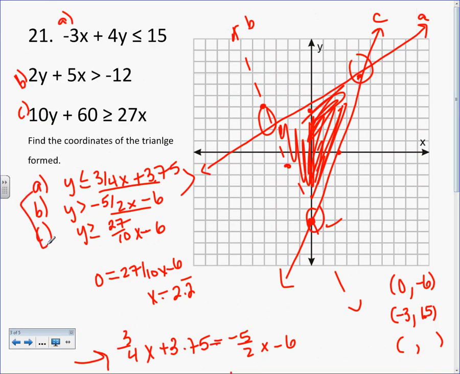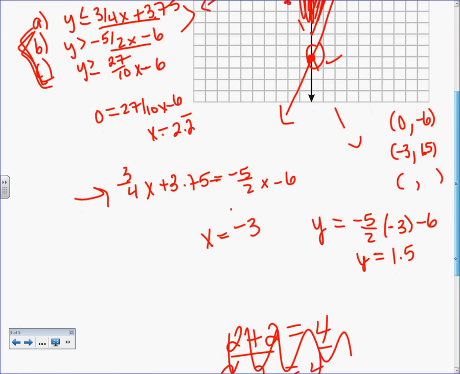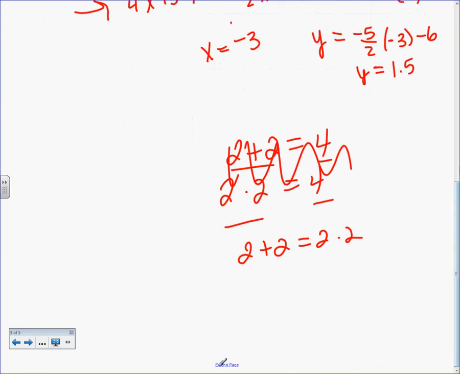So this time I'm using A and C. So I'm going to set them equal to each other, the 3/4 x plus 3.75 and the 27/10 x minus 6.